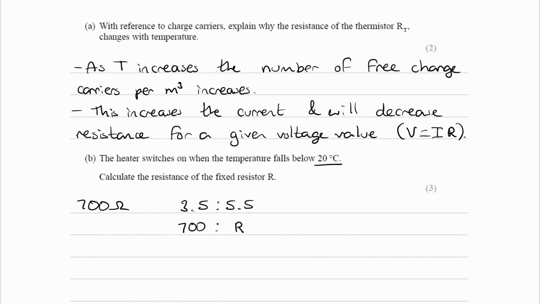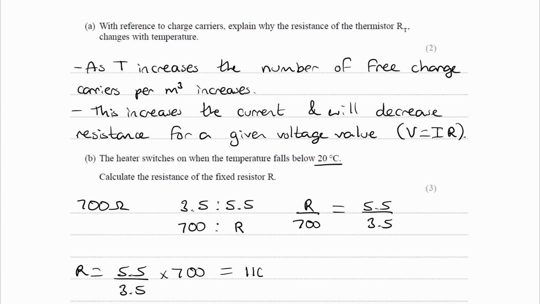So we can make an equation from that. R over 700 is 5.5 over 3.5. R is then 5.5 over 3.5 times 700. And then we get a value of 1100 ohms, which will be our answer.